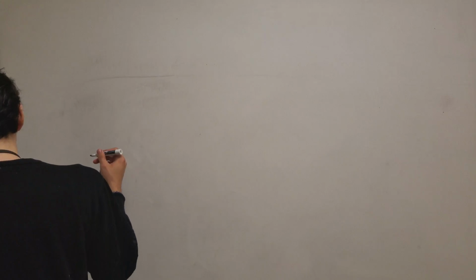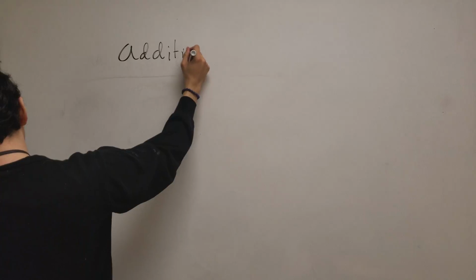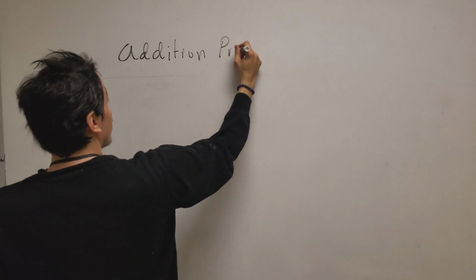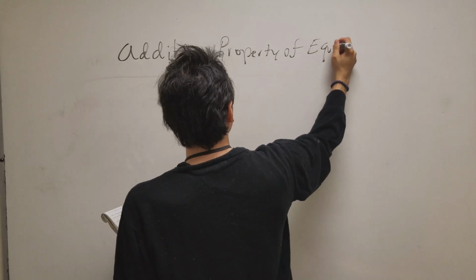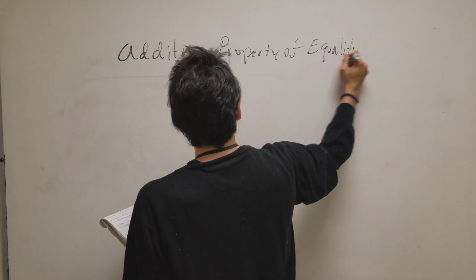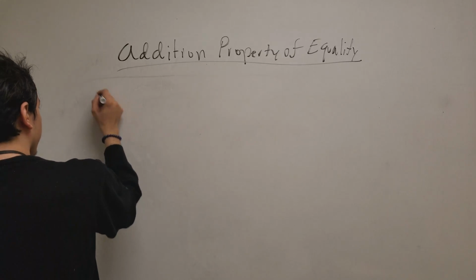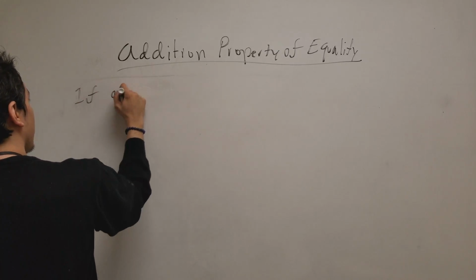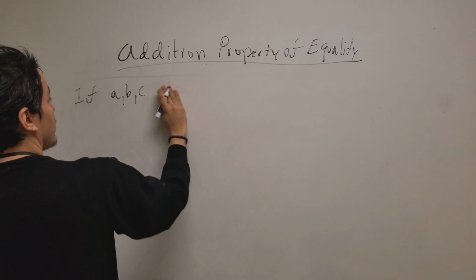What we're going to need to do this, we're definitely going to need the addition property of equality. What do I mean by this? The addition property of equality. Meaning, let's say if A, B, C represent any number.